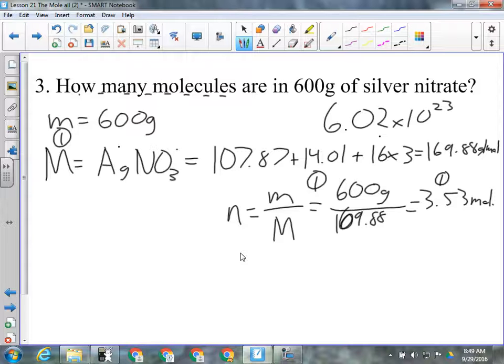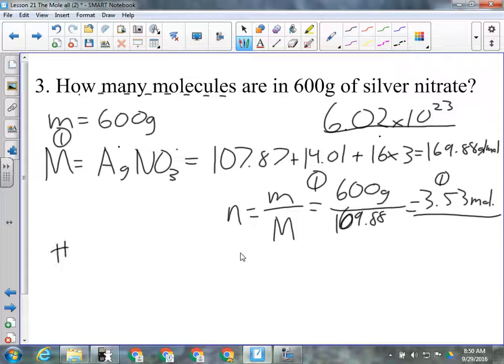Well, I have 3.53 moles, and this is how many are in a mole. If I multiply those 2 numbers, it should tell me how many molecules there are in total. Does everybody follow what we just did there? If that's the number of molecules in a mole, and this is how many moles I have, multiplying them together should tell me how many I have in total.